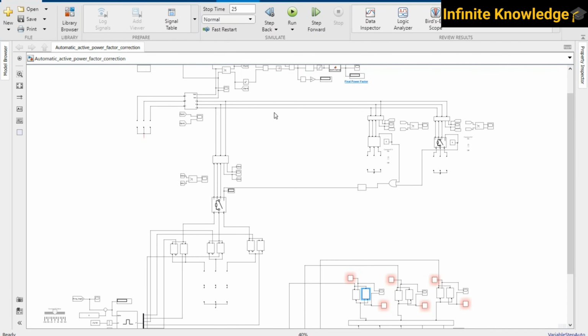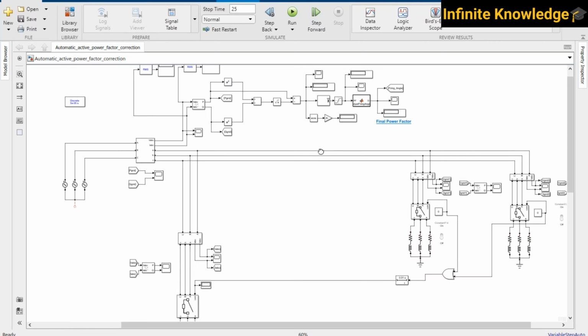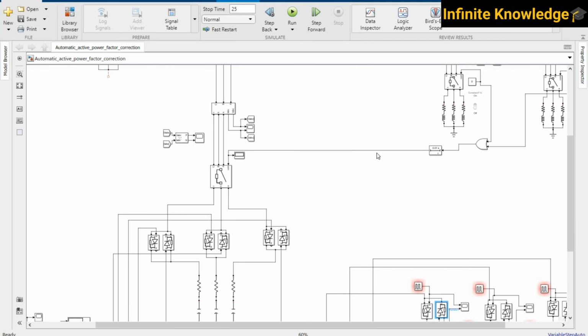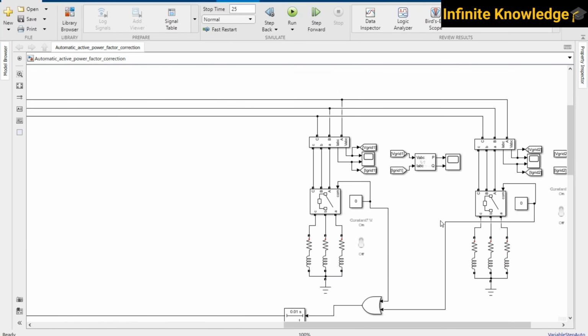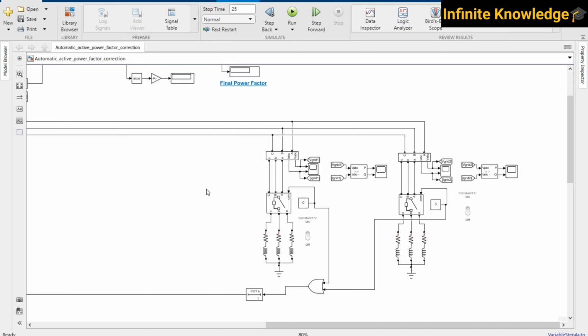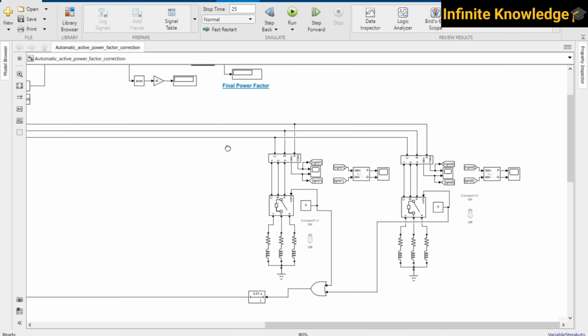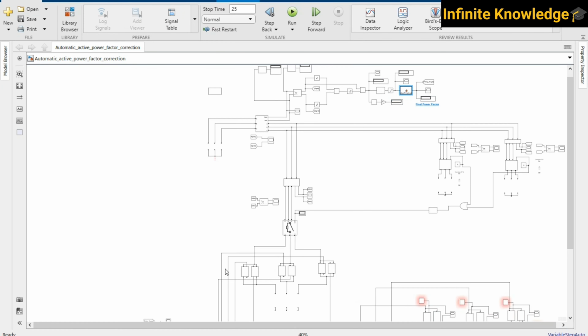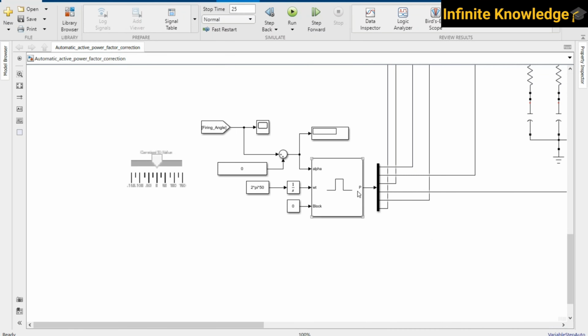So why have we implemented this model, why have we updated the older model with this one? Because here you can turn on and turn off your load no matter what the load is. According to the change in the load, this power factor controller, the MATLAB function block model, will generate the firing angle, and that firing angle will be used to trigger this PWM.